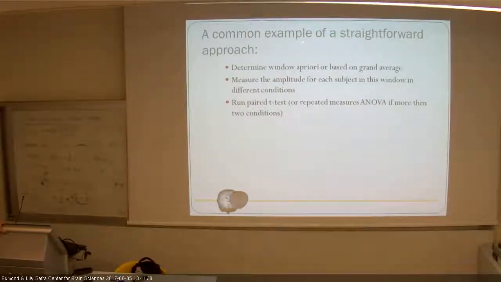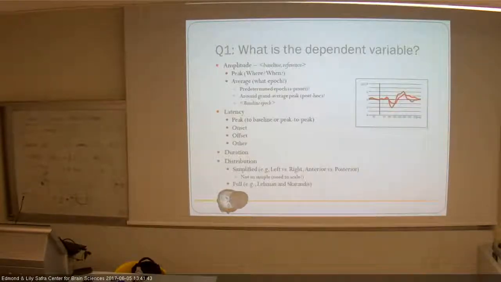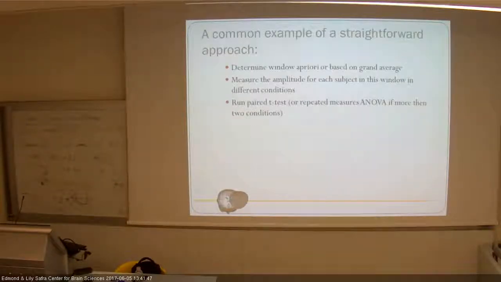This is an example of a straightforward approach used in many ERP studies, and then you can make variations on the line that I just described for each component. So you determine the window a priori or based on your grand average. You average all the subjects, you see what the general latency that you're interested in is, and then you define this as your window.